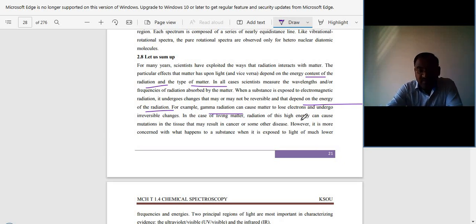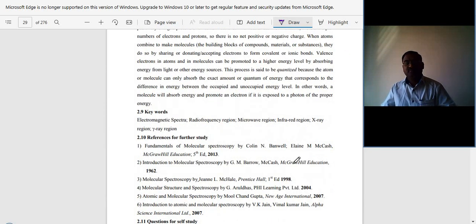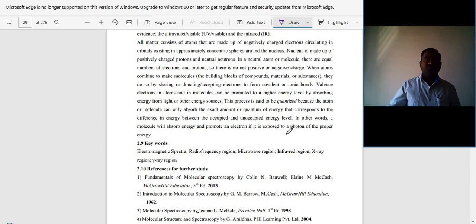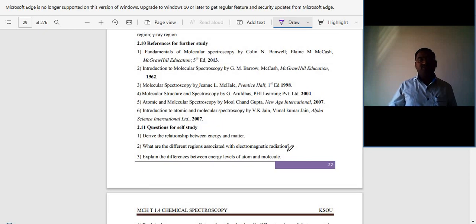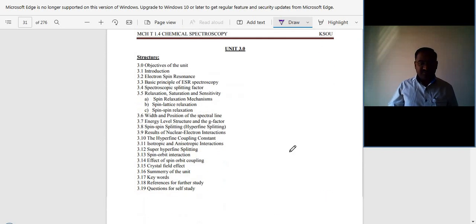For example, gamma radiation can cause matter to lose electrons and undergo irreversible changes. Just go through these important questions regarding this topic.